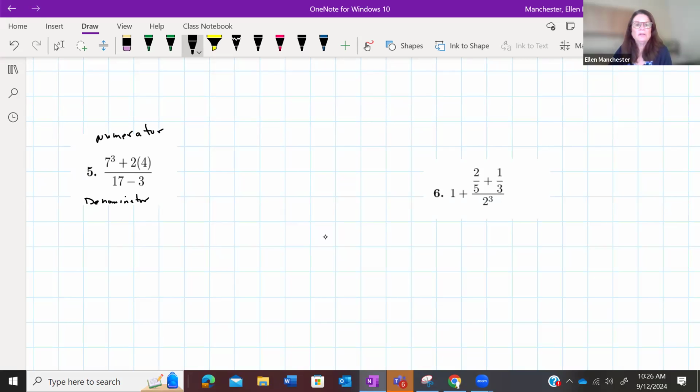So what I like to do with these is I work out the numerator first and get an answer. So I'm going to come here and just work this one out first. So 7 times 7 times 7. So 7 times 7 is 49 times 7 is 343 plus 8.